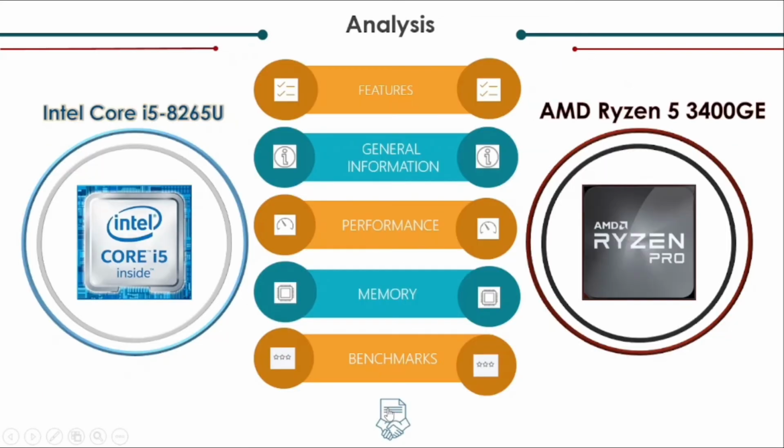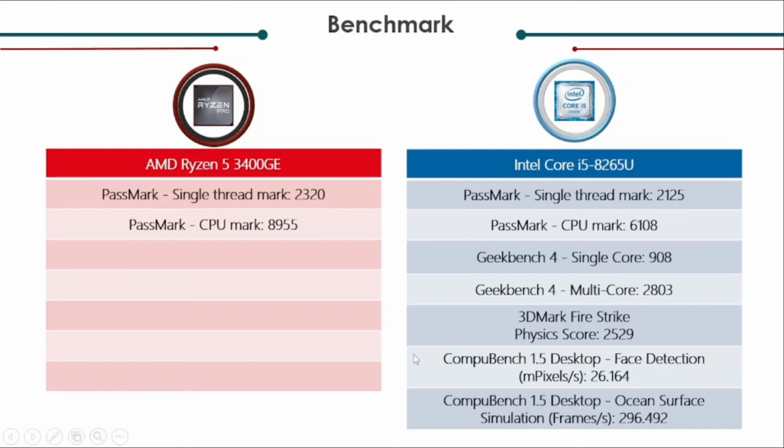And now we're going to move to the benchmarks for the AMD Ryzen 5 3400GE. It has a PassMark single thread mark score of 2320, and for the PassMark CPU mark, it has 8955.